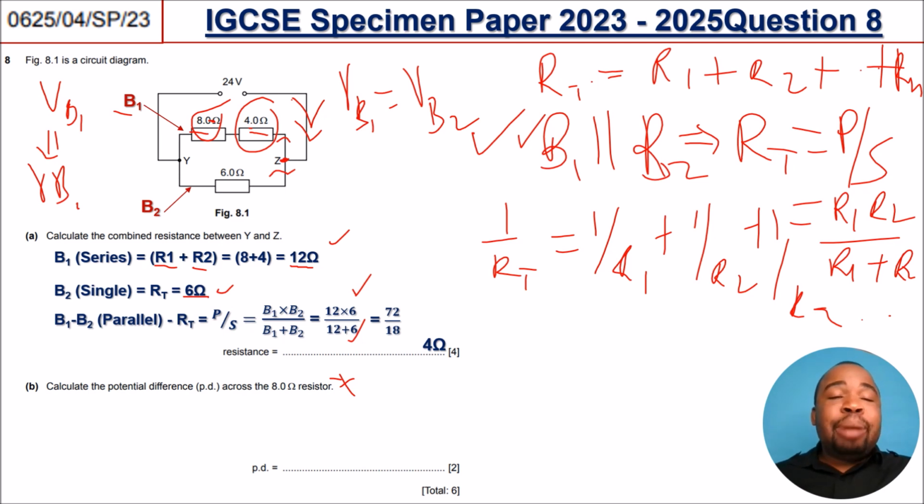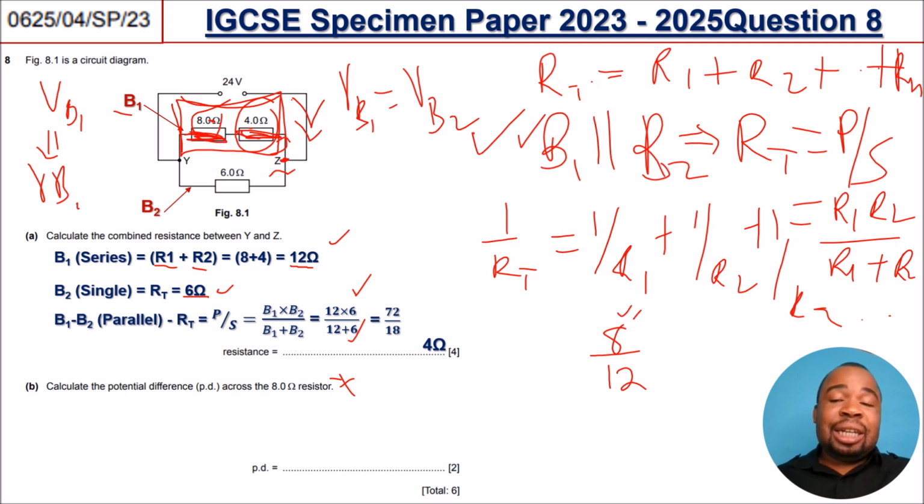Now, having that in mind, the voltage across the entire branch B is 24. But the voltage across the 8 ohm resistor is different from the voltage across the 4 ohm resistor. Voltage is divided. Now, the resistor with a bigger resistance will take a bigger fraction. In other words, the 8 ohm resistor, of the total in that branch, will take the bigger portion of voltage.